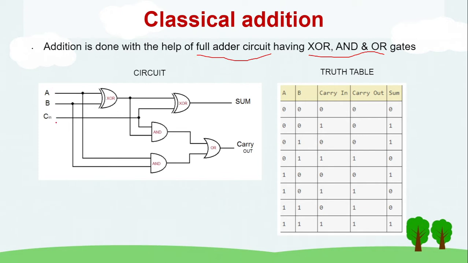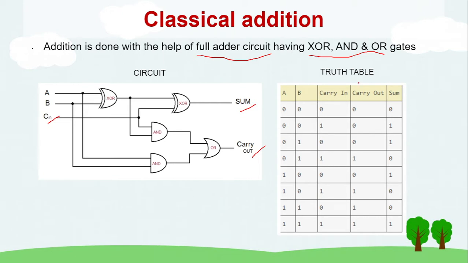Every given number should be converted to binary, and then addition is done with respect to each bit, and there is something called carry forward. Carry in comes from the previous bit addition, and similarly this addition will give out carry out, which can be used for the next bit addition, and the answer is set in this bit.